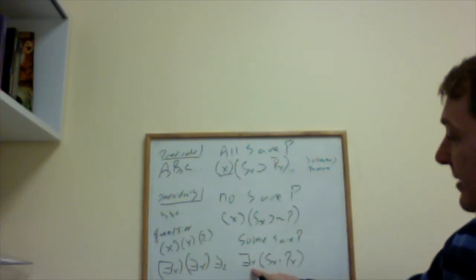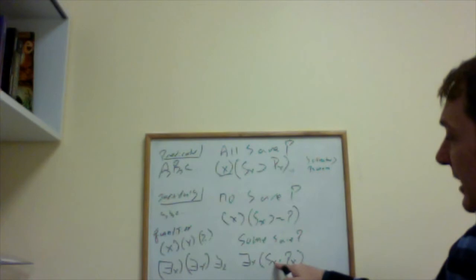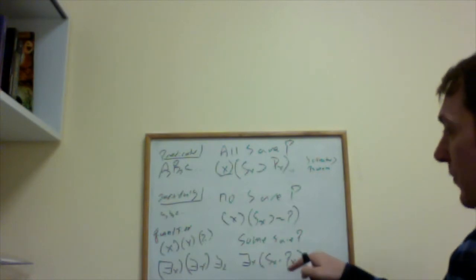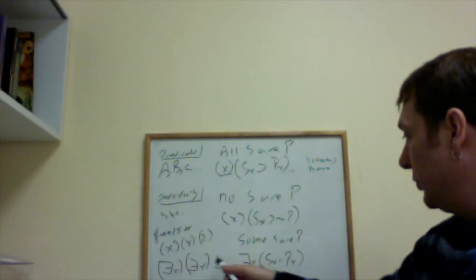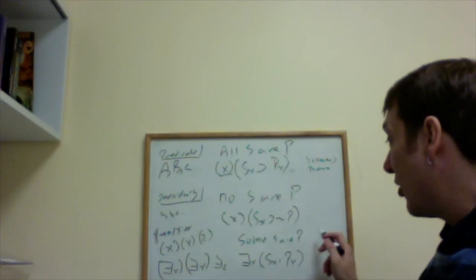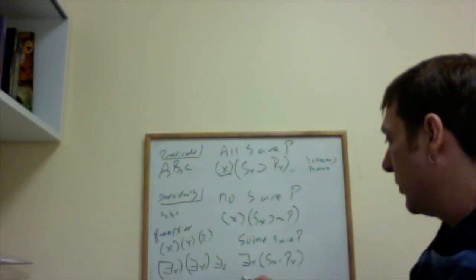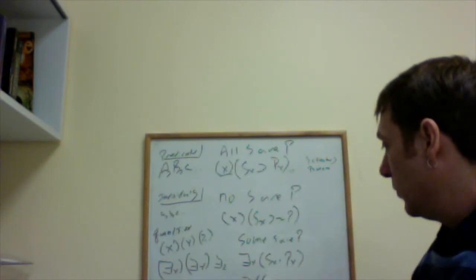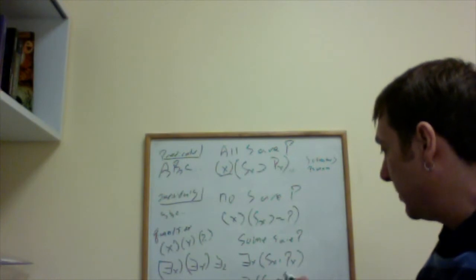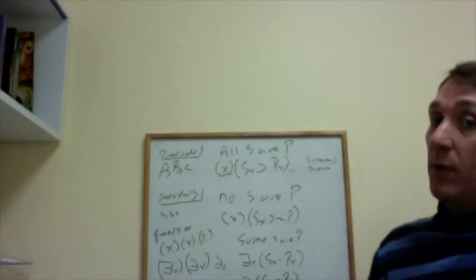Then we translate that to mean there is an X such that X is a dog and X is four-legged. And the same is true over here. If you say some S are not P, you would write there exists an X which is S but not P.